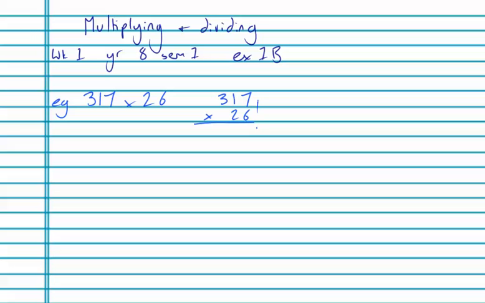We're basically going to do 6 lots of 317 and 20 lots of 317. And that will be 26 lots of 317.